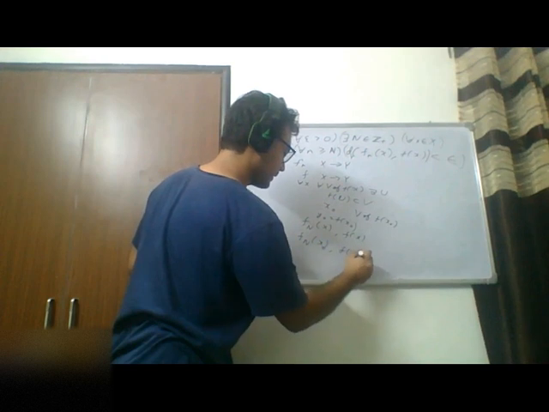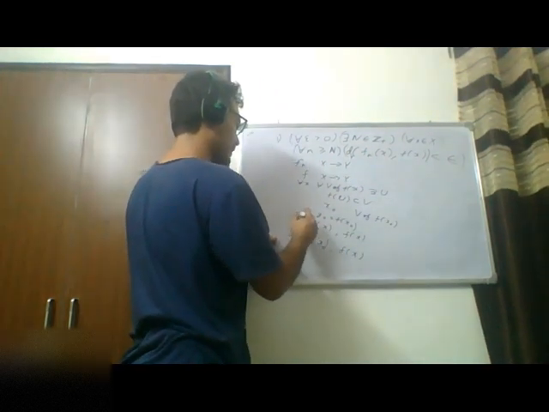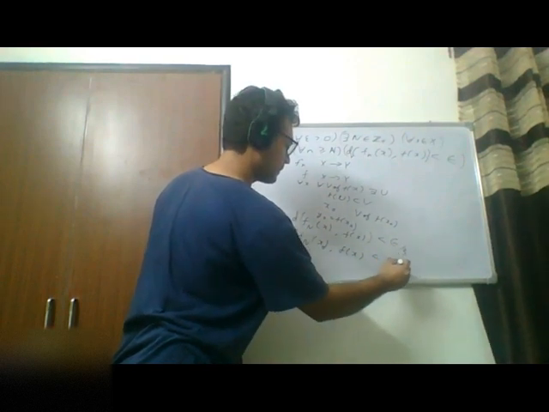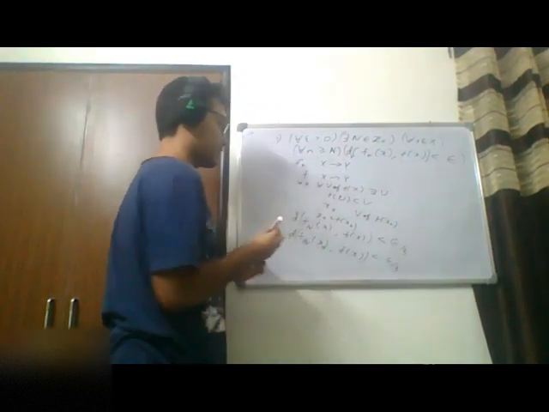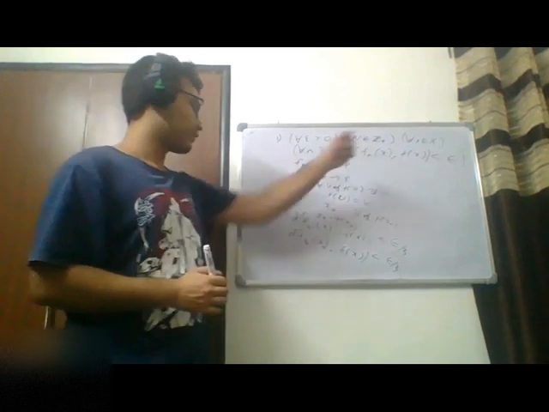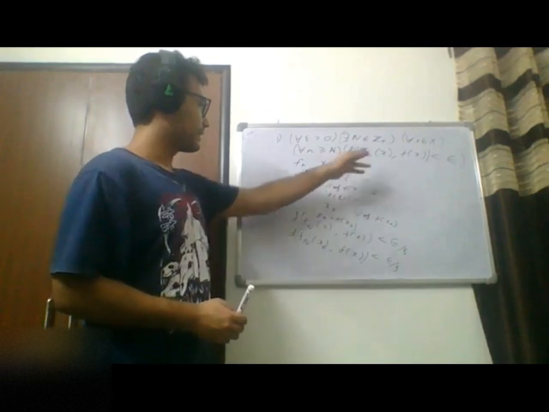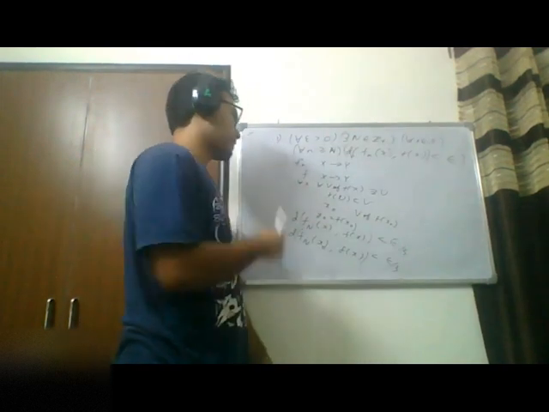Both of their distances are less than epsilon by 3 or whatever you want. This follows from uniform convergence, so we can use it for every point, and that's precisely what we want.